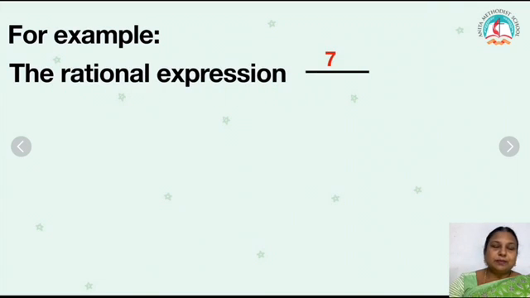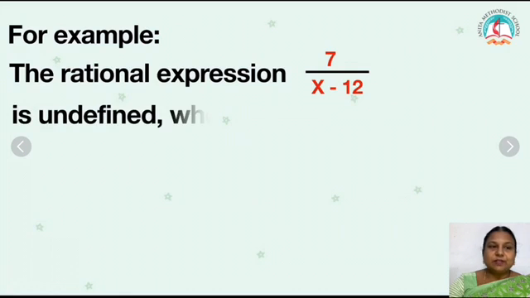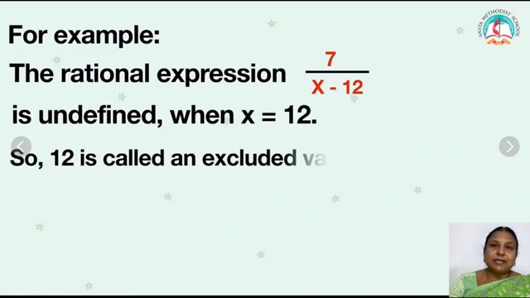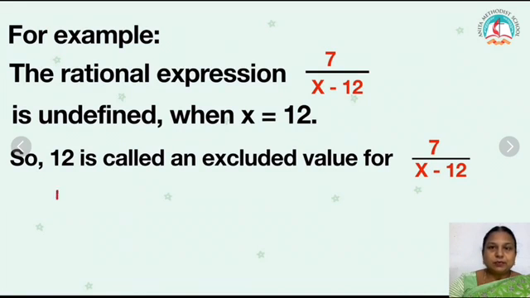For example, the rational expression 7 by x minus 12 is undefined when x is equal to 12. So 12 is called an excluded value for 7 divided by x minus 12. If you substitute 12 in the place of x, what will you get in the denominator? 12 minus 12, 0. So that is the thing we are going to find in today's lesson.